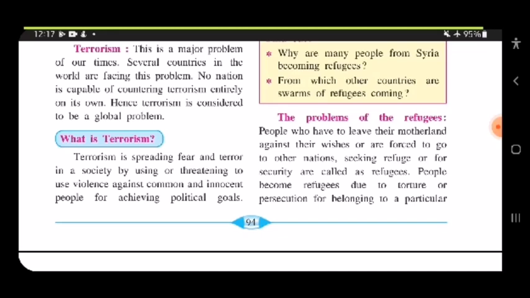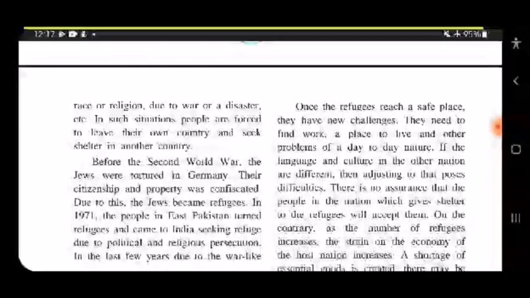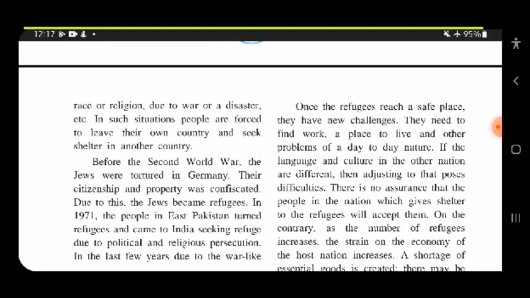People become refugees due to torture or persecution for belonging to a particular race or religion, due to war or a disaster, etc. So there are certain people facing problems. In such situations, people are forced to leave their own country and seek shelter in another country. Now, what is a refugee?